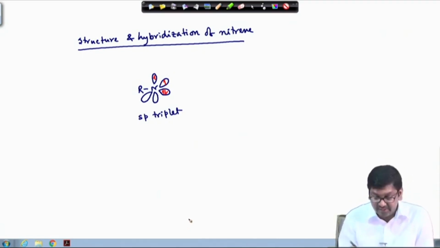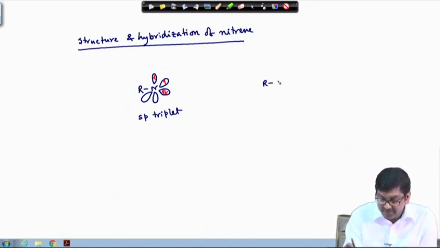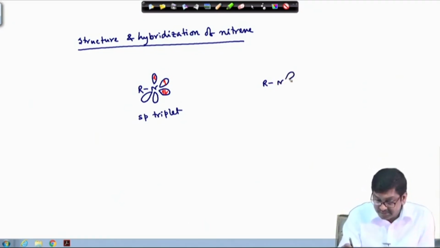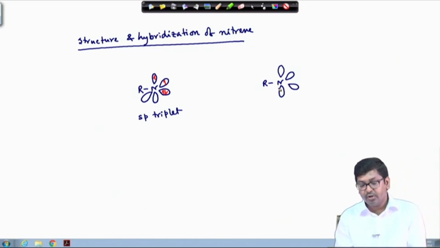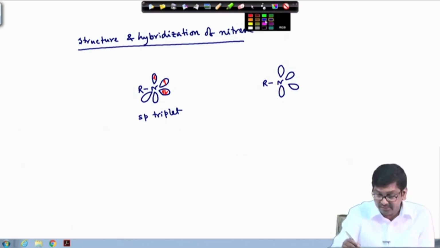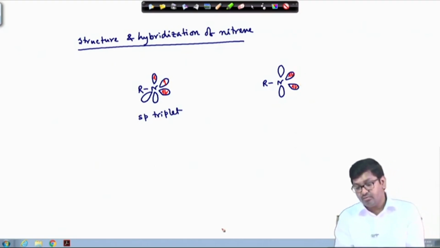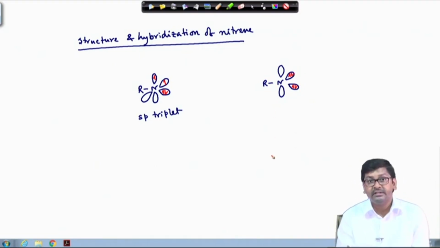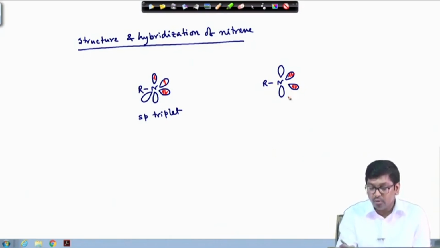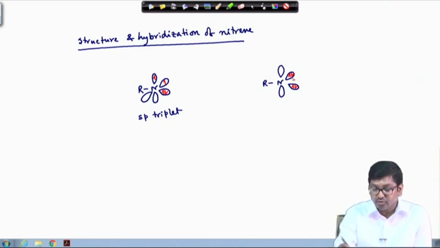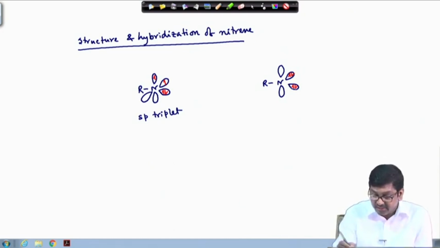Okay. They are sp hybridized and this is a triplet because both are unpaired electrons with parallel spin. Now, another possibility is that nitrenes stay as an sp2 singlet, with this non bonding p orbital. Of the 6 total electrons, 2 are bonding electrons, then 2 are lone pair electrons, which are also paired up, and another 2 electrons can be paired up and stay here, so that it is in a singlet state.